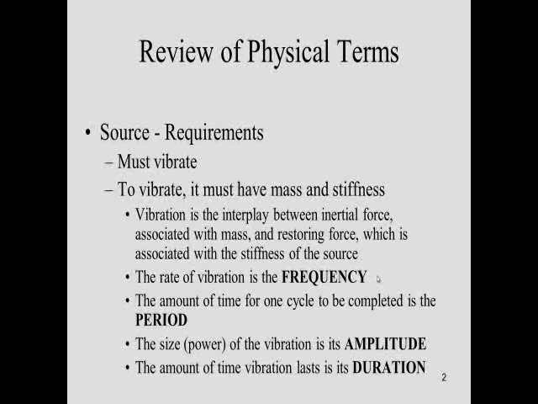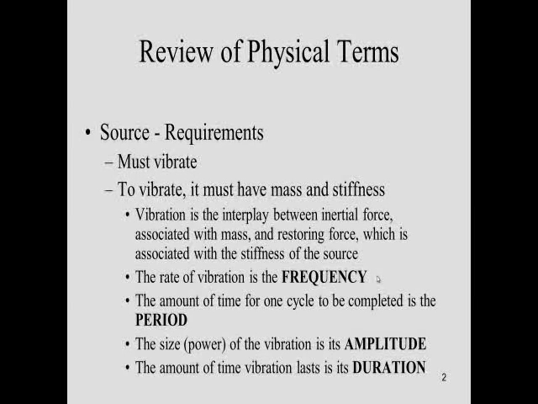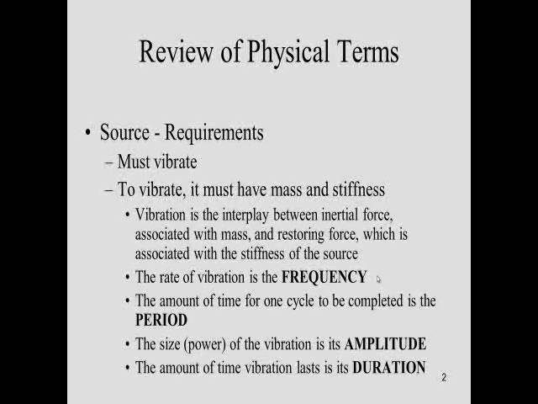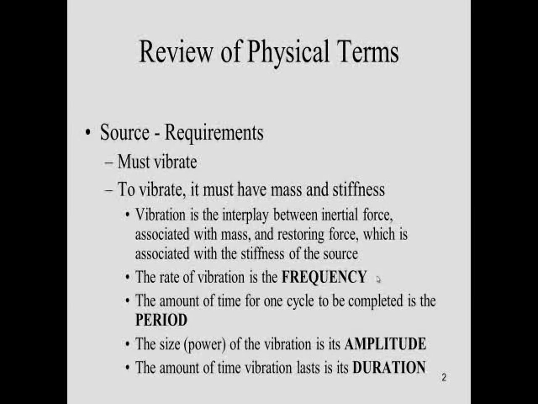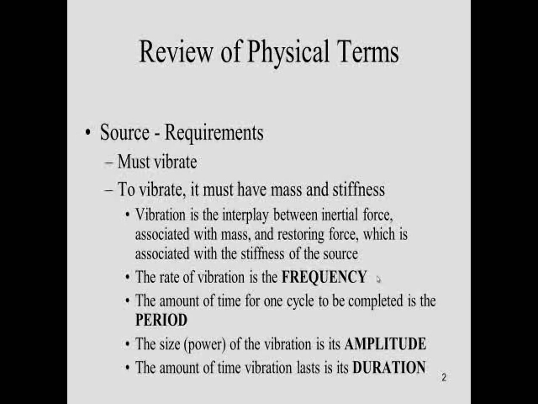So clearly, the slower the rate of vibration, the longer it takes for that object to complete 1 cycle of its vibration. And we'll usually use seconds as the amount of time for vibrations.